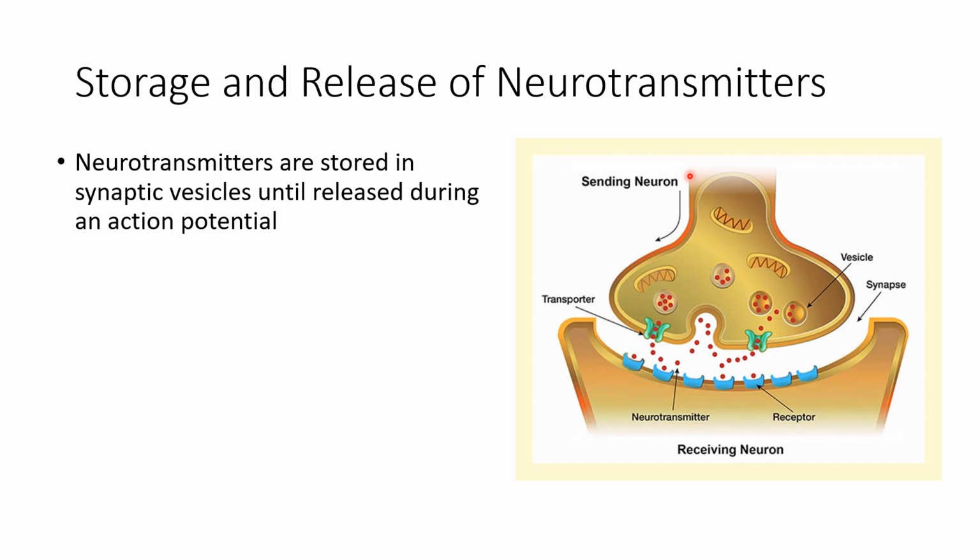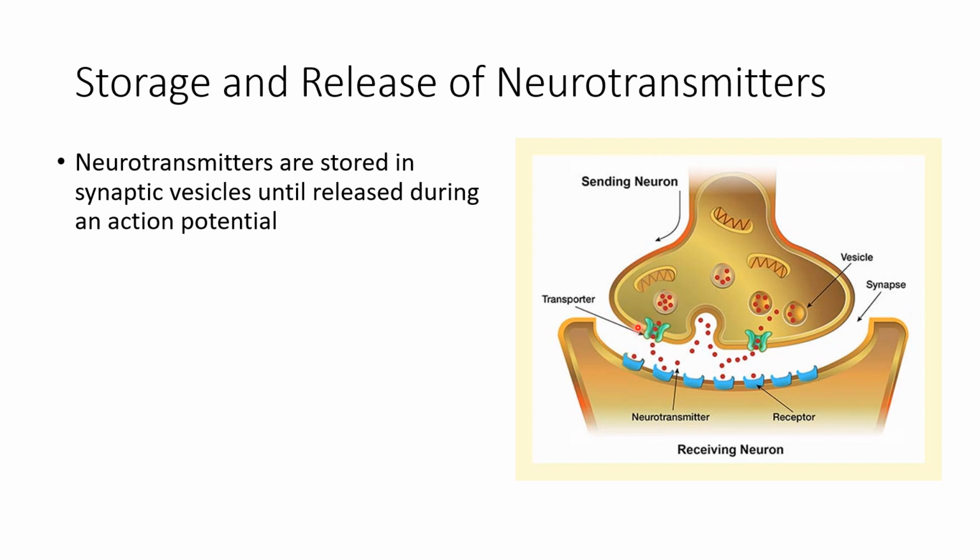Now, during action potential, neurotransmitters that are stored in these little round things here called vesicles will bind with the presynaptic membrane here, so this membrane of the sending cell, and open up and release through these transporter sites.